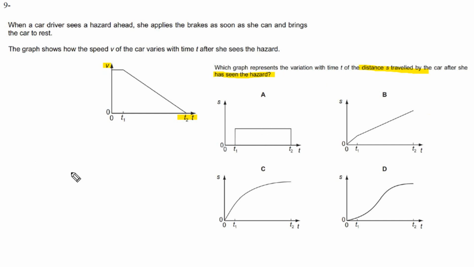The first thing we need to understand is that the gradient of the displacement-time graph, the gradient of the dt graph, is equal to velocity.